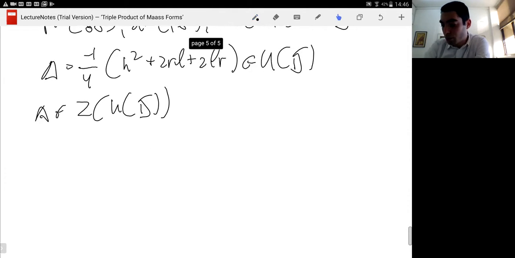It follows that delta acts by a scalar on smooth vectors in V.